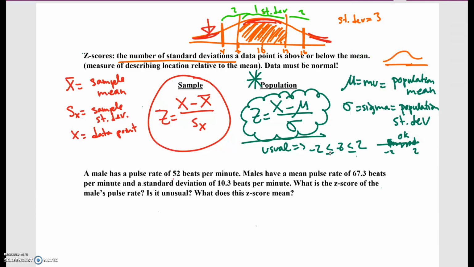But if you are more than 2 above or below, then you're considered unusual. If you have a z-score lower than -2 or higher than +2, you are unusual, because as you see in the graph, it's not very likely that this will occur.